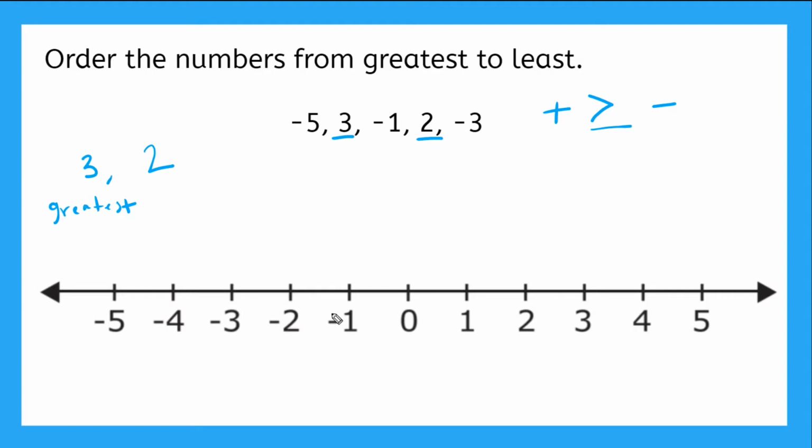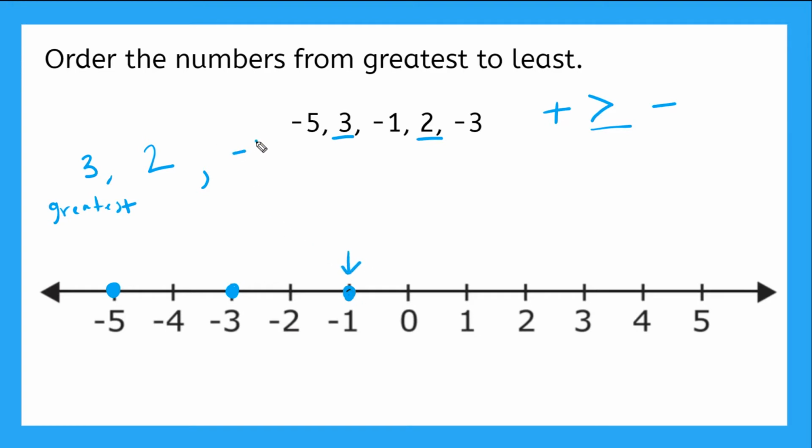So if we plot these here, we'll have -1 here, -3 here, and then -5. So the next number in our list is going to be the number that is closest to 0. Which one of these numbers is closest to 0? That's right, -1 right here.